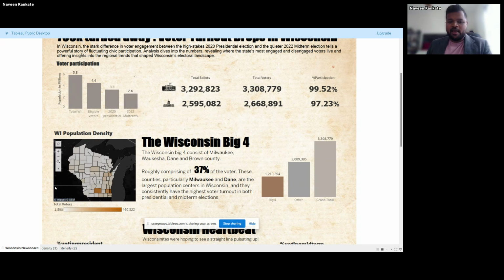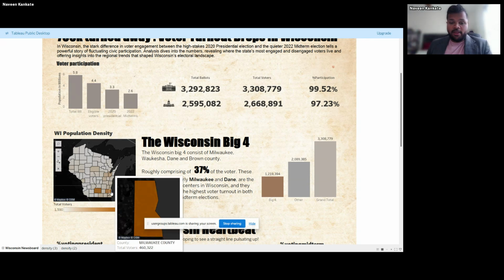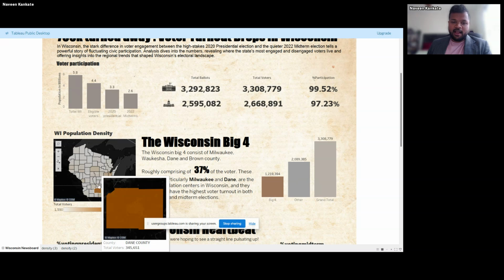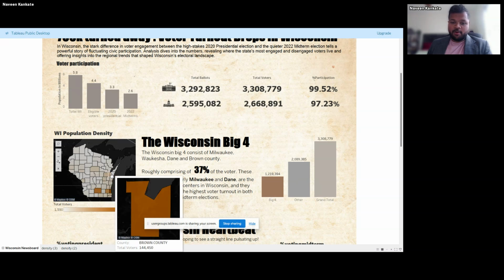As you can see, most of the population and their voter density is around these 4 counties. Now, which are those 4? We call it the Wisconsin Big Four. That's Milwaukee County, which has about 460,000 voters in it. Then the next ones are Waukesha, Dane County, and Brown County.